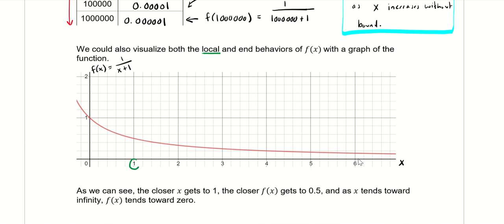We can see just from the graph that as x approaches 1, as we get closer and closer to 1 from either side, our function looks like it's approaching a specific value, which looks like it's 1/2, like we said with our calculations or our table. So as x approaches 1, our function value approaches 1/2.